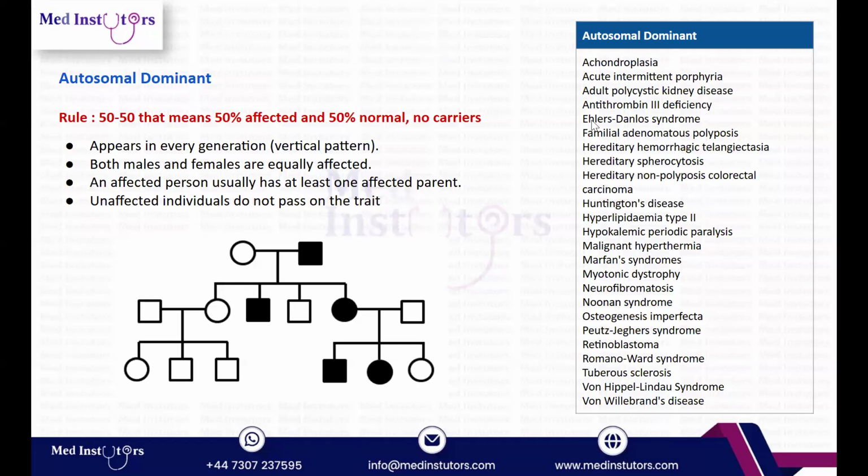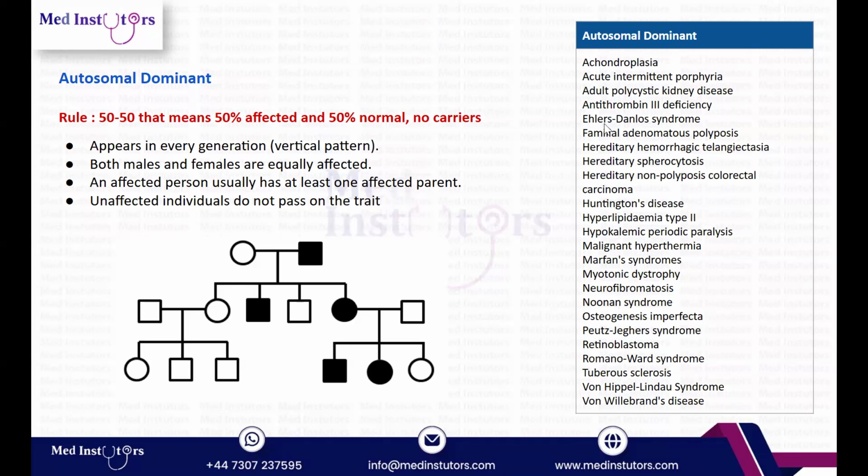Otherwise, if by any chance you cannot interpret the pedigree, but you know that the condition falls under the category of autosomal dominant or recessive disorder, you can still find your right answer. So the 50-50 rule, let's take an example.